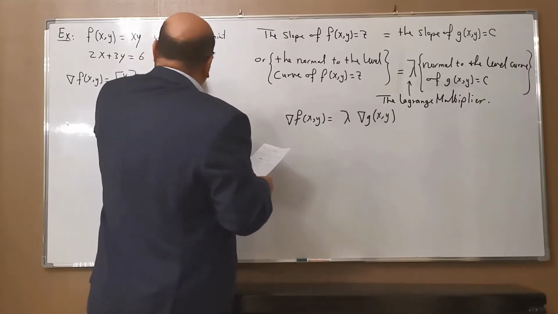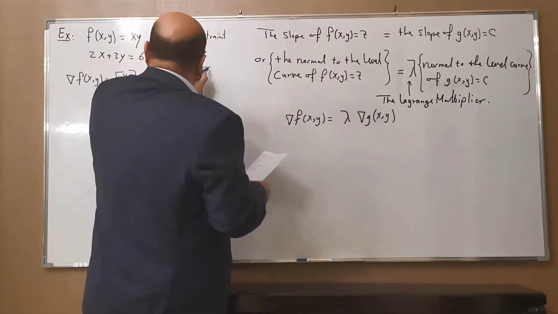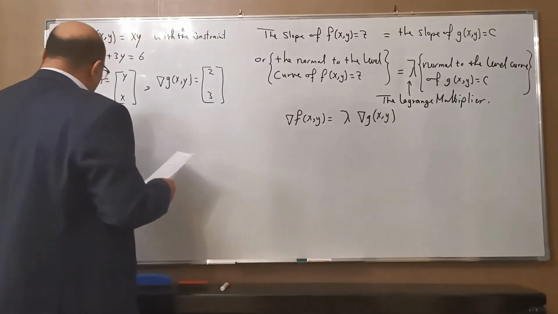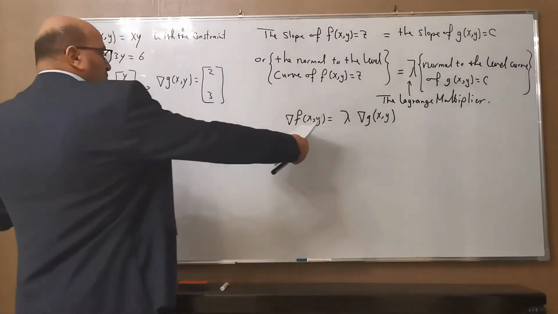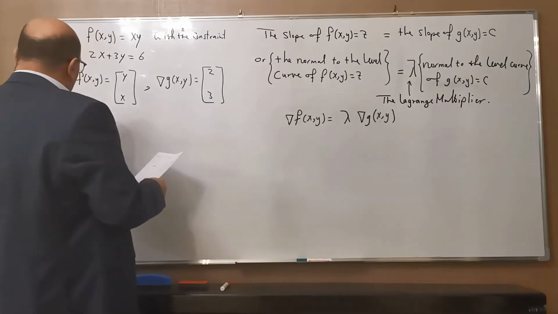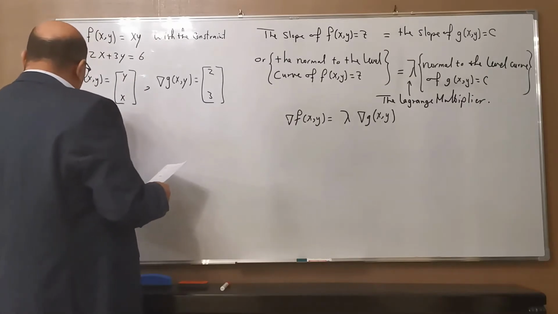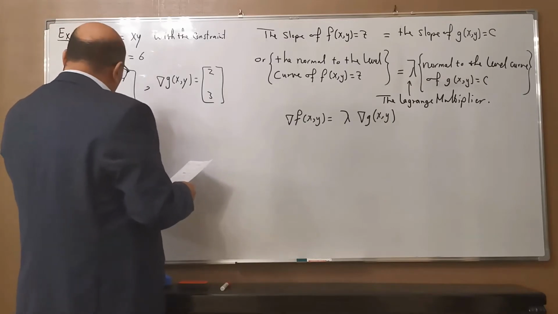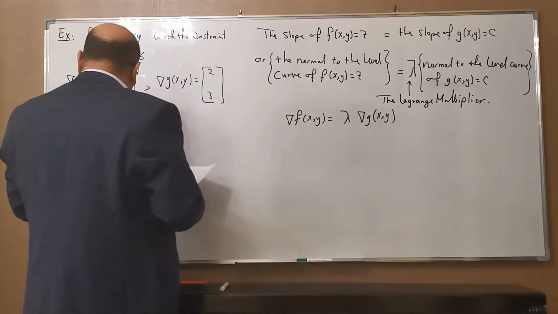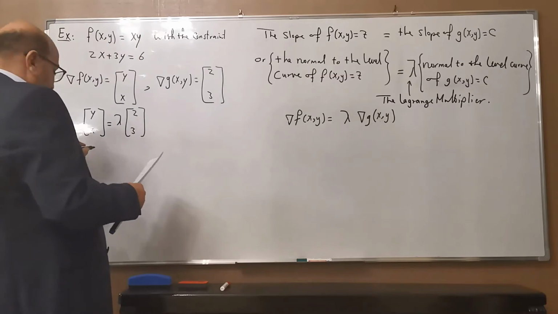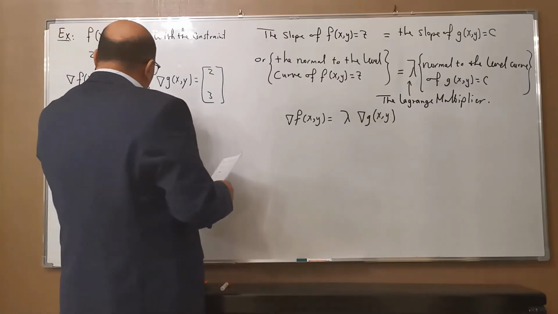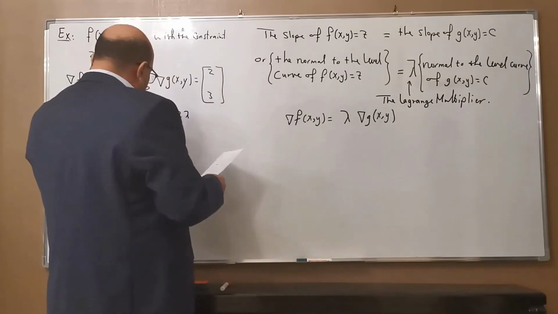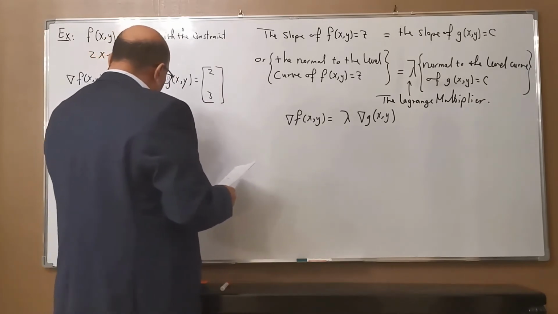It is equal to 2 and 3. So to apply this equation, we have y and x equals lambda times 2 and 3. From this, we can say that we have y equals 2 lambda and x equals 3 lambda.